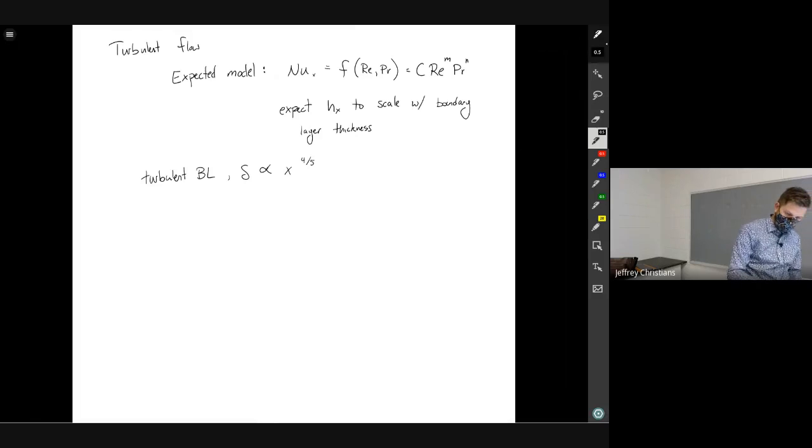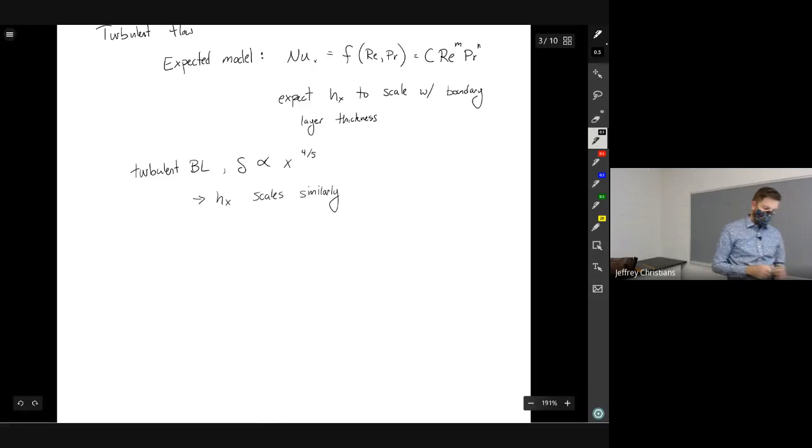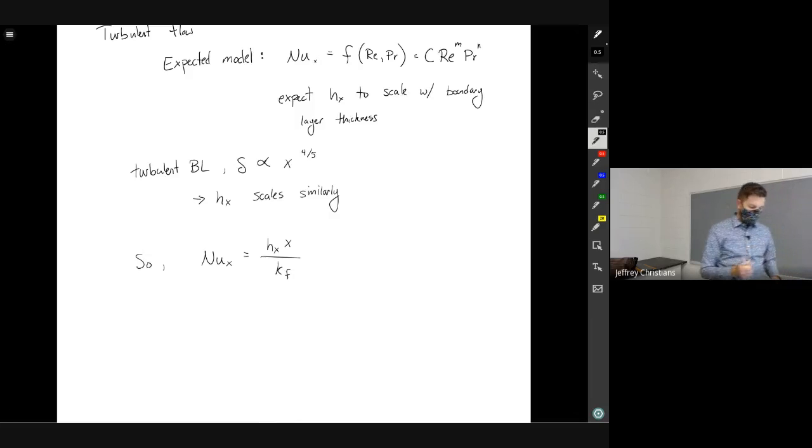we can find that this scales similarly, which means that the Nusselt number at a specific location, which is h_x times x over k, should scale.